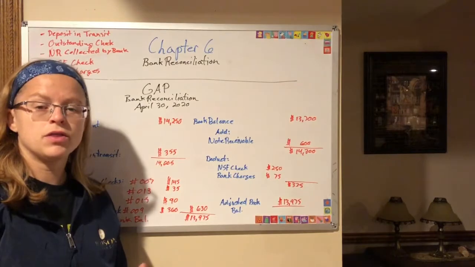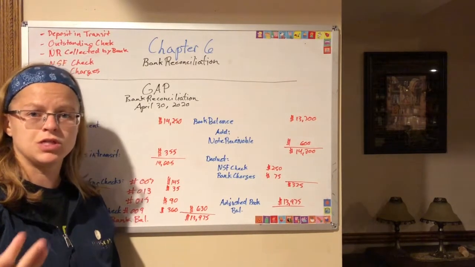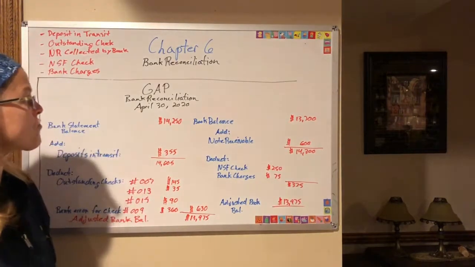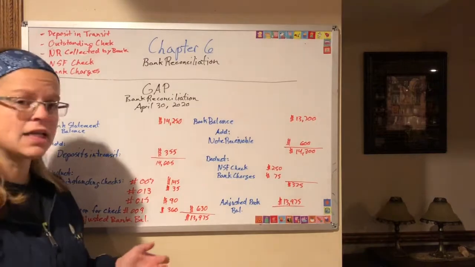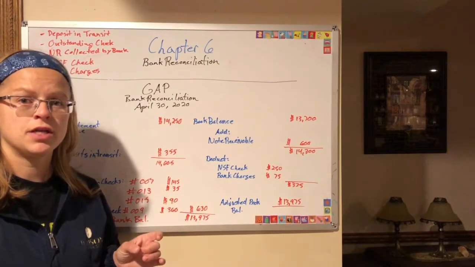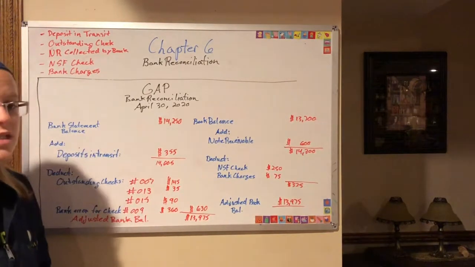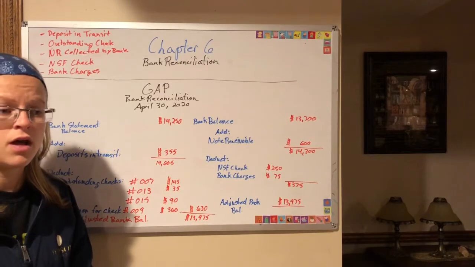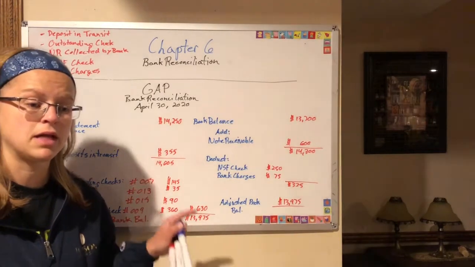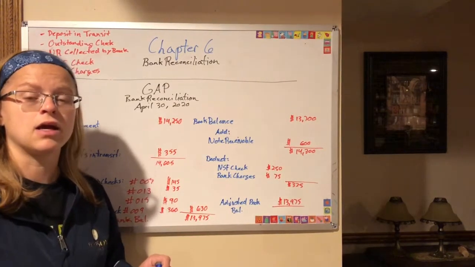Alright, so every month the company's bank issues a bank statement, just as you would receive a bank statement for your checking or savings account. And many times the bank statement's amount does not match the cash account in the general ledger. The reasons are that sometimes there are things happening in the company that the bank doesn't know about, and sometimes there are things happening in the bank that the company doesn't know about.